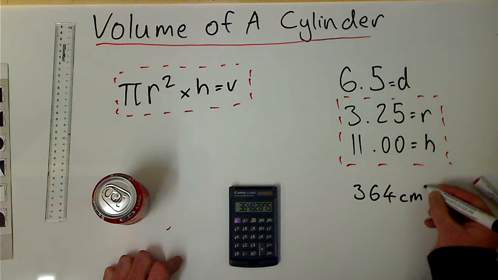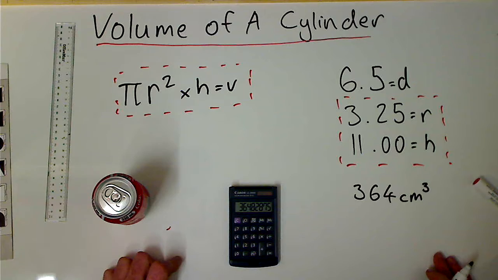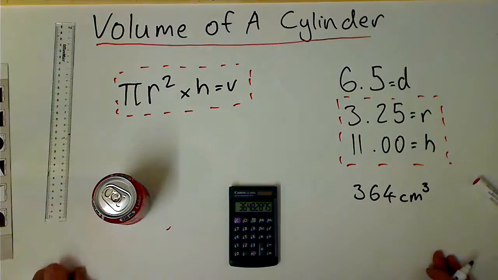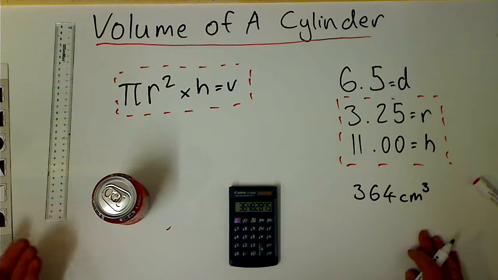So put the cube sign there. If I was to get a whole bunch of cubic centimetres, I could stick in 364 of those little cubes inside that can, and that would give me my can.